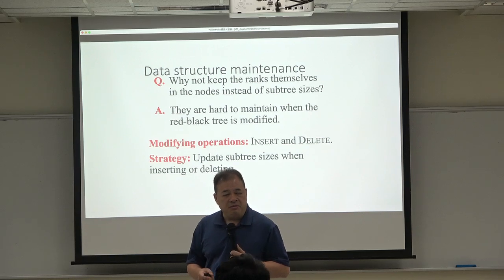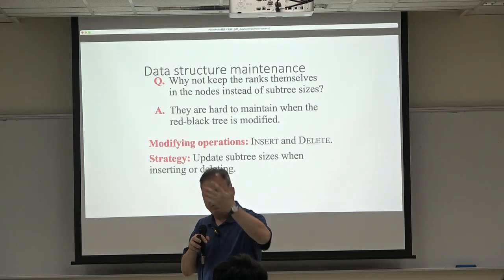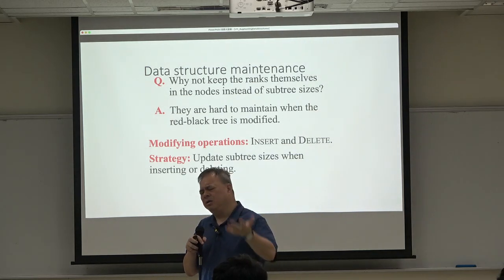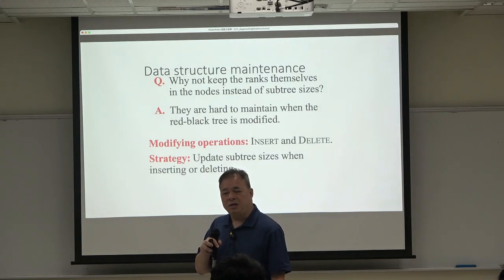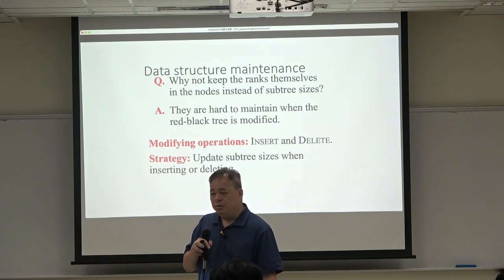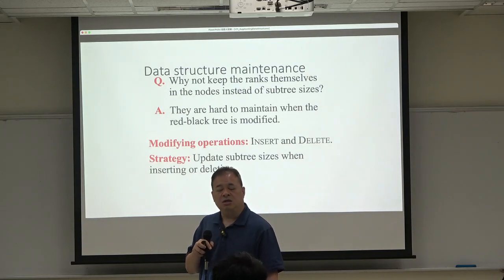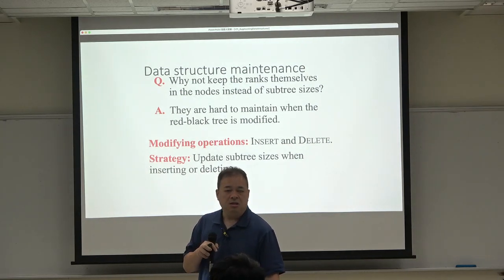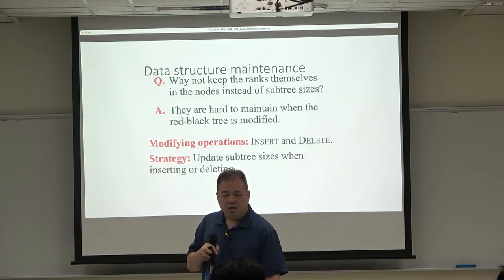Previously, when we talked about red-black tree insert and delete, not only did we need to maintain the binary search tree property, we also needed to maintain the red-black tree property, those 4 properties, remember? And we needed to do color changing and maybe rotations to make sure the red-black tree property is maintained.